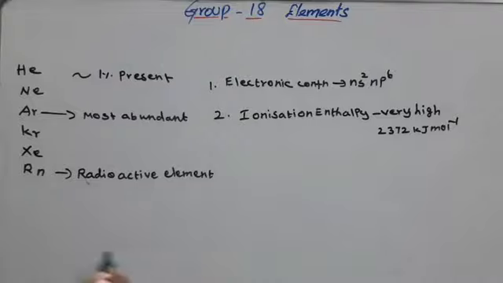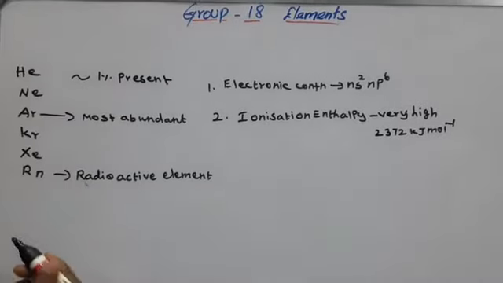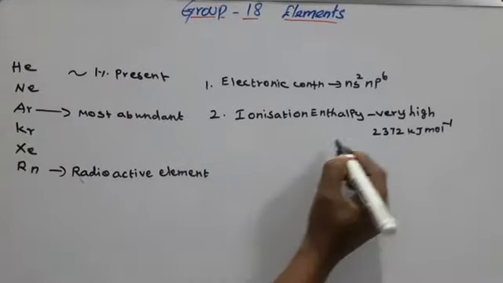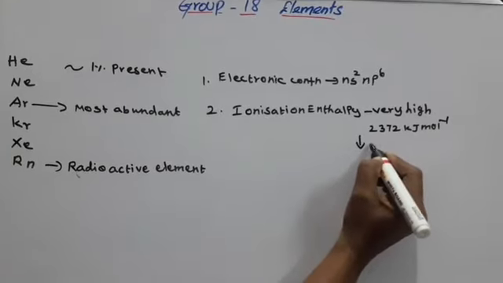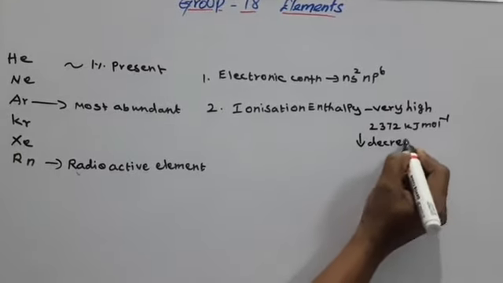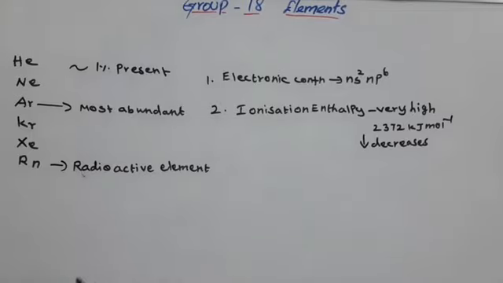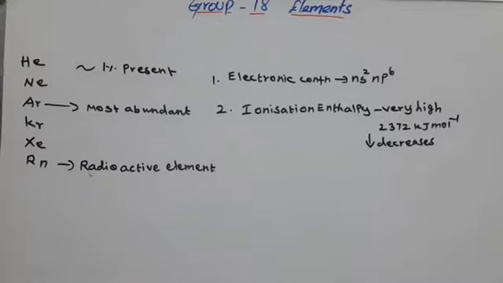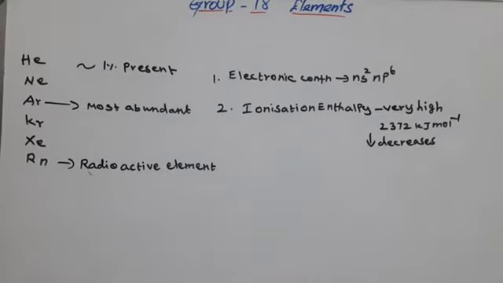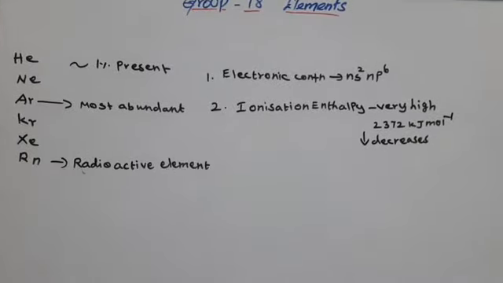Down the group, as usual, the ionization enthalpy decreases. Why does it decrease? Because the size also increases.